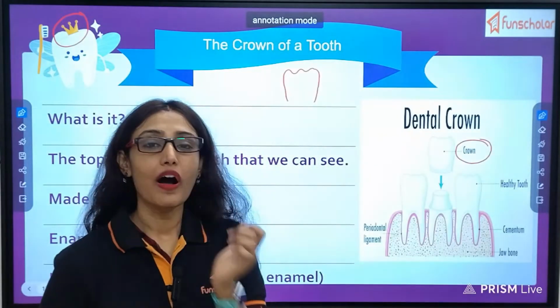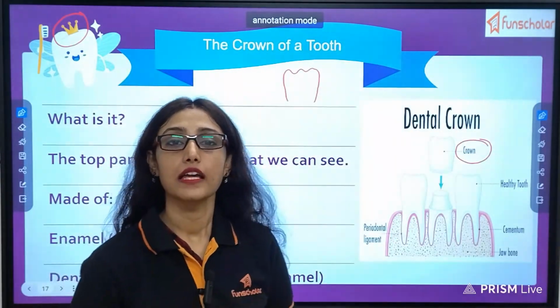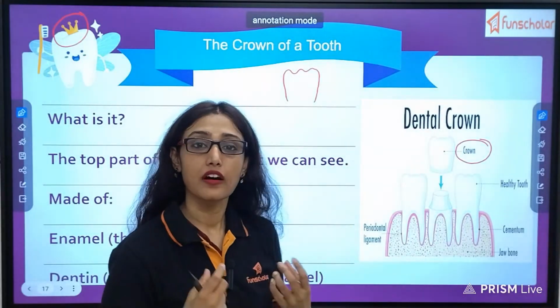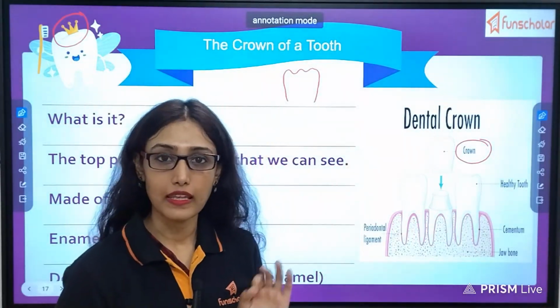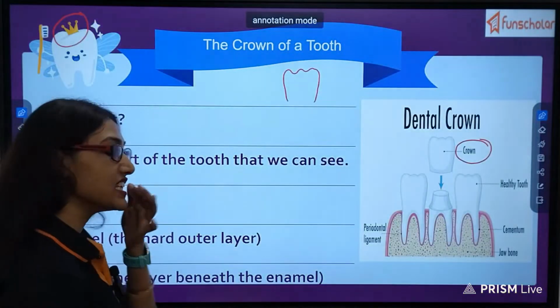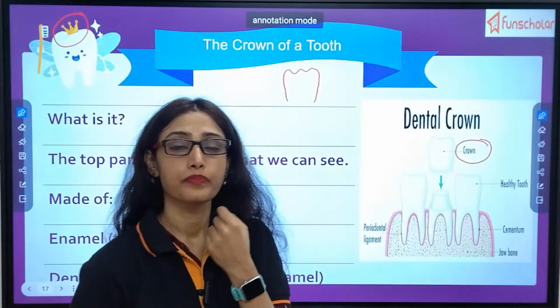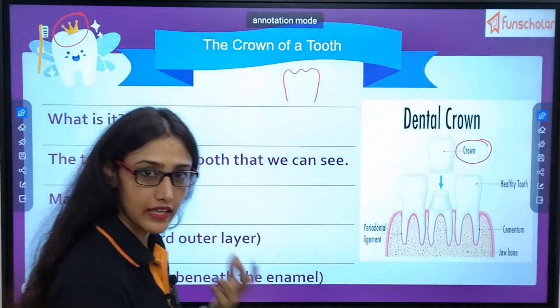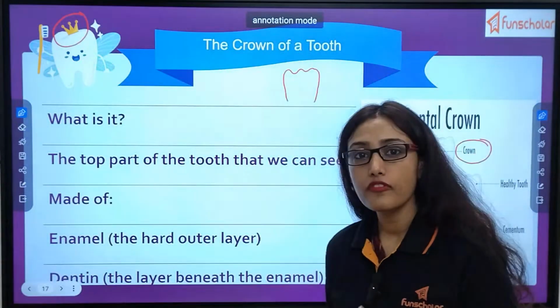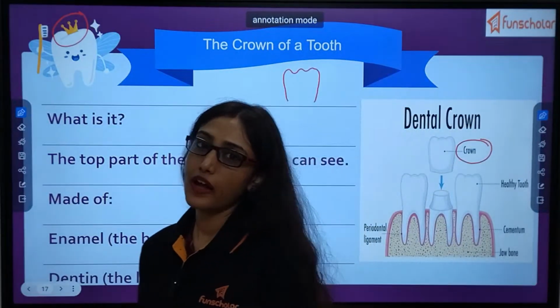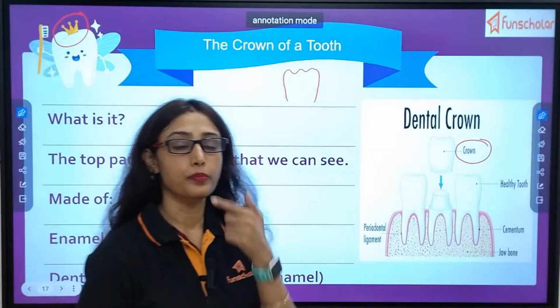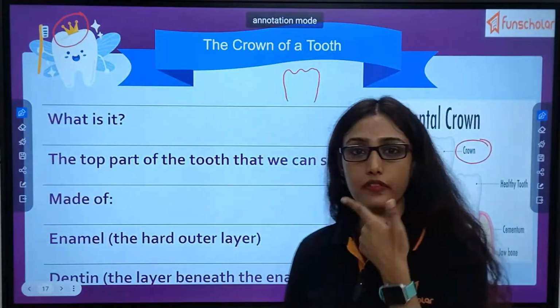Why is it so hard? Because it helps to preserve the teeth for your whole life. Once your enamel is destroyed, the tooth decays and will fall off permanently. That is why you are advised to preserve your enamel always.